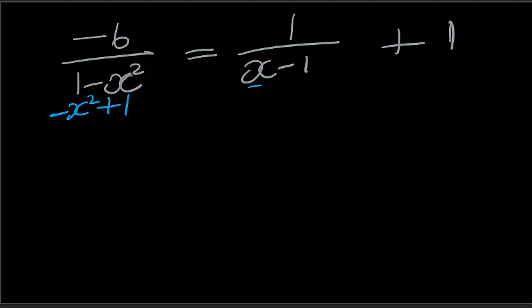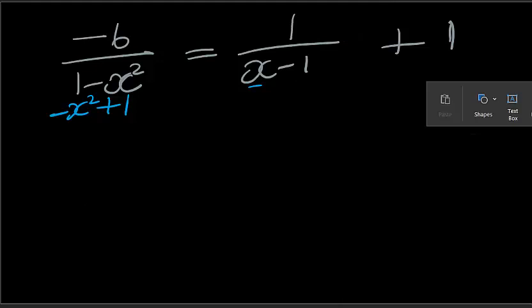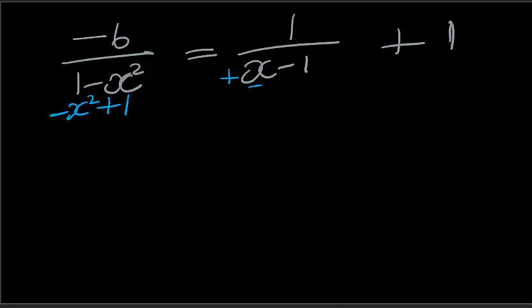Next thing, I want to change my sign because over here I have a plus and I have a minus. So let's change the sign on this side, where if this minus on the numerator is actually over there, right? This is a minus that's given to us, minus 6. So let's change the signs.